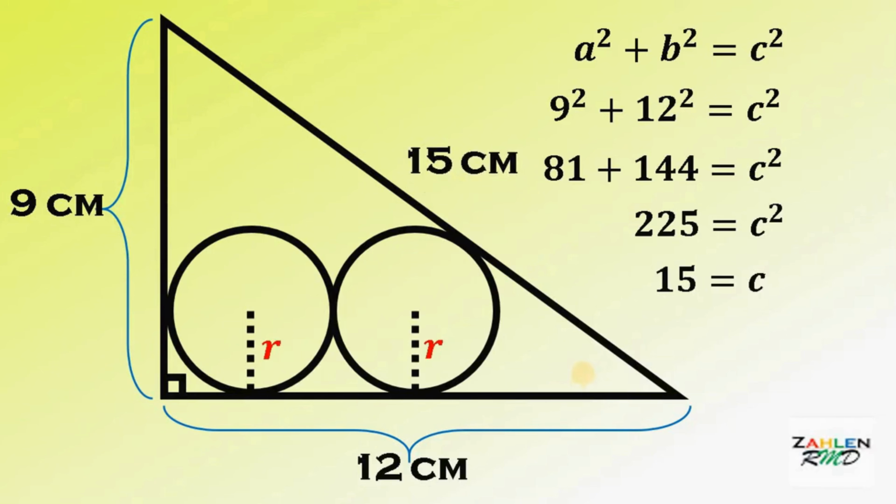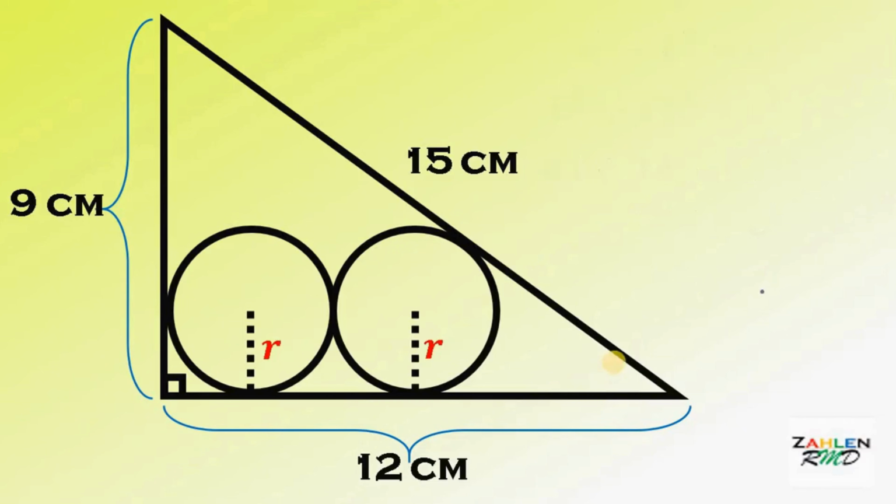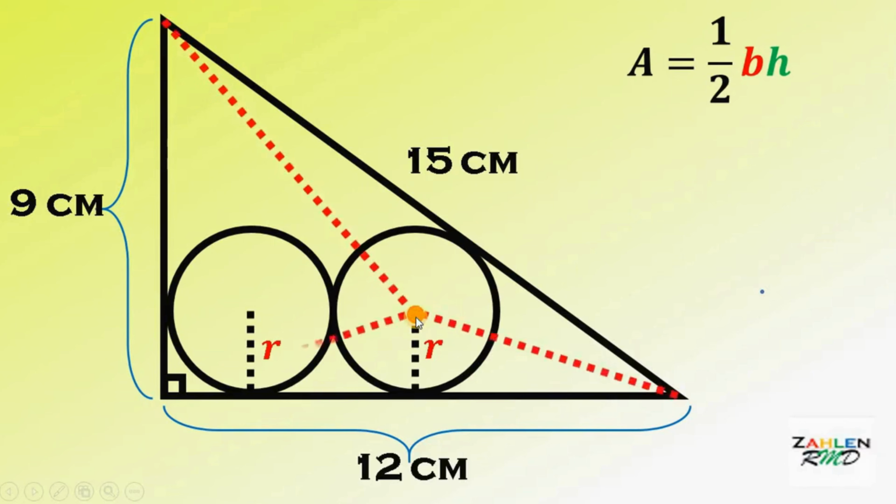Now, to find the length of the radius r, we will use the formula A equals 1/2 times base times height, or simply the area of a triangle. To do that, we need to consider the center of this second circle. Now, connect this point to the vertex of this right triangle, like this. Next, from this point again, draw some radius.